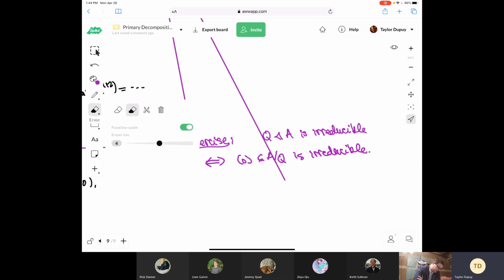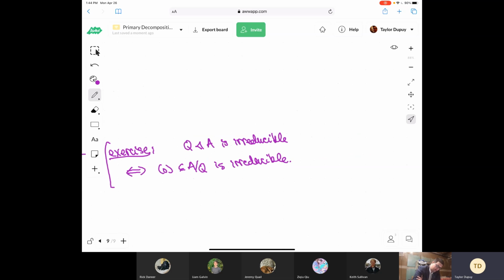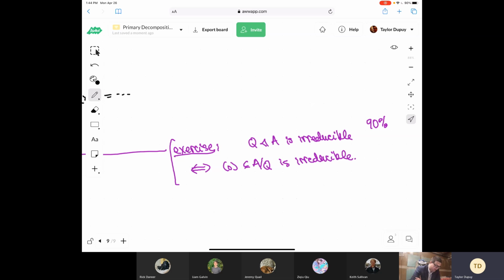I'm pretty sure this is correct, but let me check after class, and then I'll say whether or not this is correct. I'm 90% sure that this is true, because the proof needs to use this. If not, I'll add a correction.